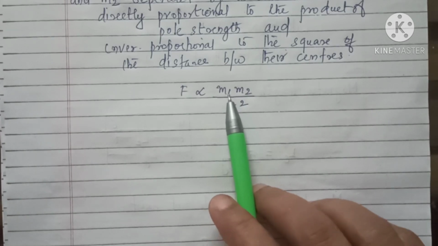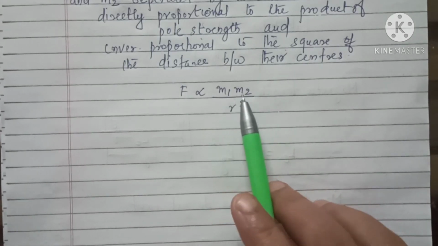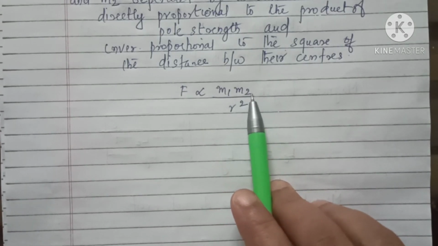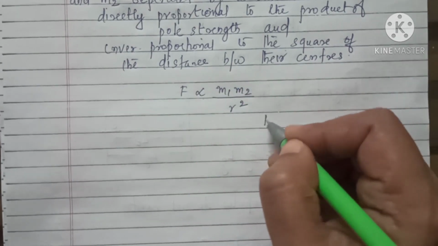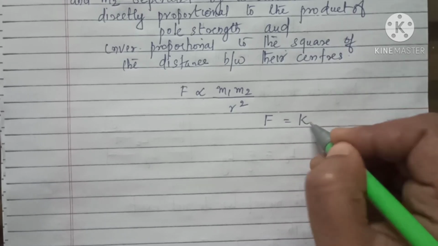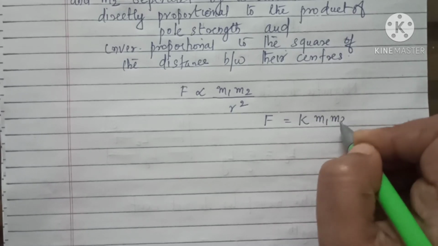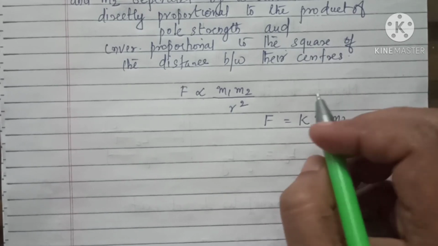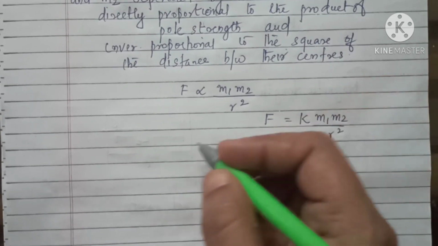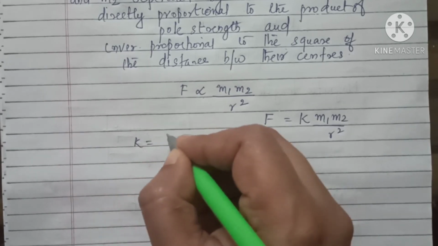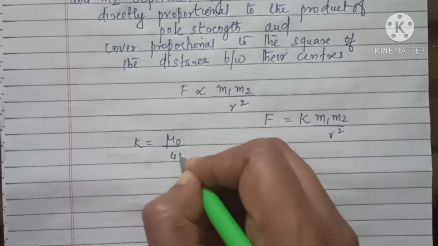Okay, this M1 and M2 are the pole strength. Now this proportionality symbol can be changed by multiplying with a constant K: F equal to K M1 M2 by R square. Here K is the magnetic force constant, and in SI unit K is equal to mu naught by 4 pi.